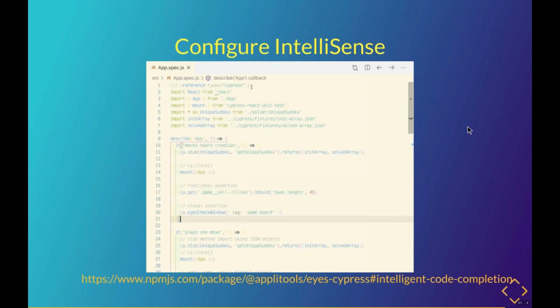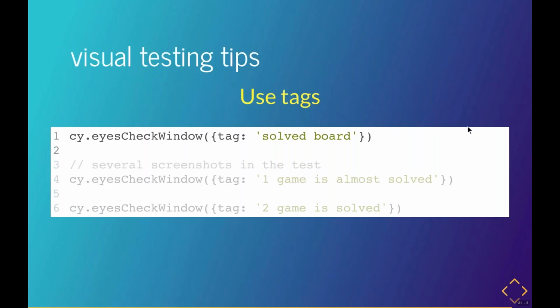So really, really useful. And you saw in every example, we use tags so that we can easily find the screenshots, and we can understand if it's a single screenshot in a test or several screenshots, one after another, and you can see a progression of a test through visual screenshots.